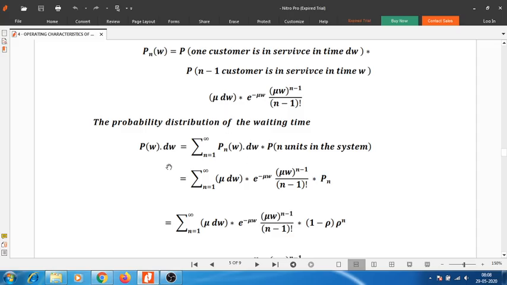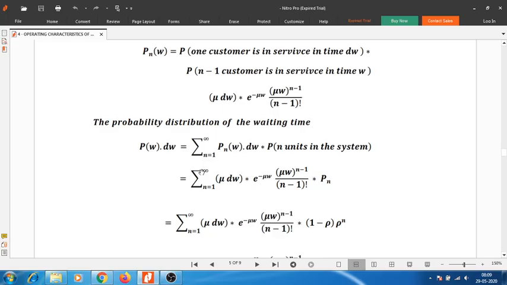This summation for all the customers is only for the departures we calculated in the previous step, and the respective probability function. Now, what is this term? Mu into dw into e to the power of minus mu w into the Poisson-type function into the probability function of that arrival. That is called the steady state solution.